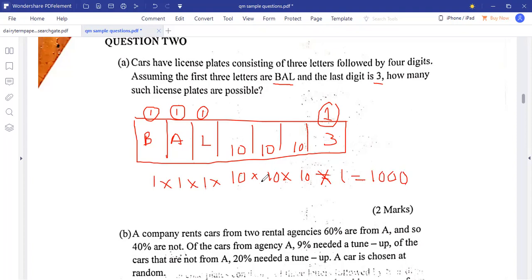Yes, thank you. Maybe just a question. Let's say a similar question, but if it said distinctive letters are BAL and the last digit is distinctive to 3, would it still be the same? Yes, it's the same thing.